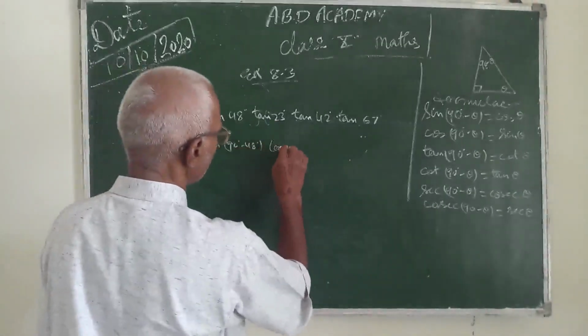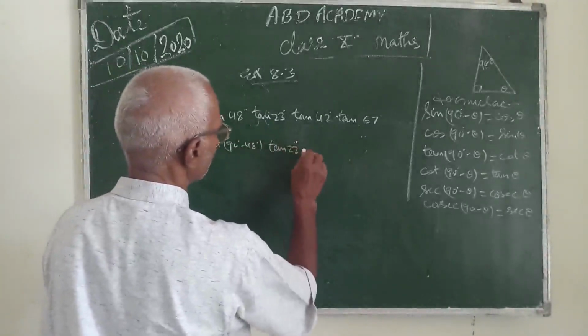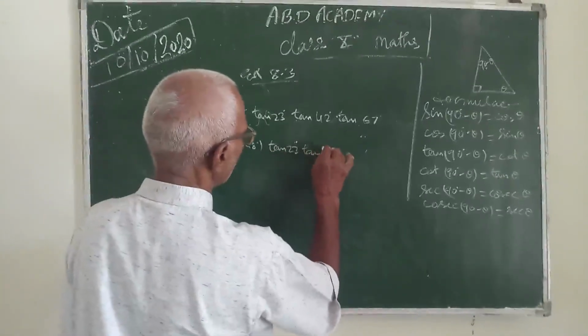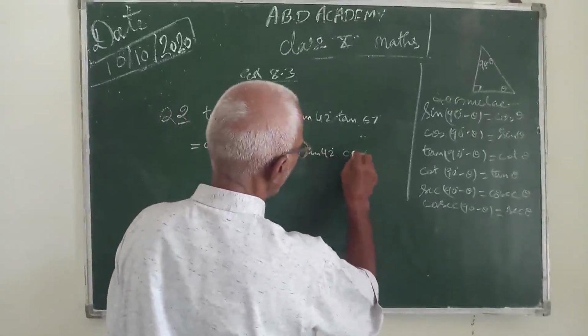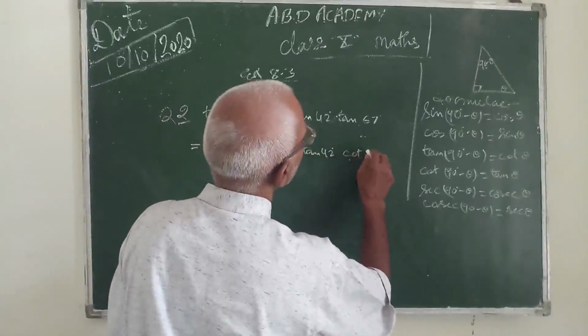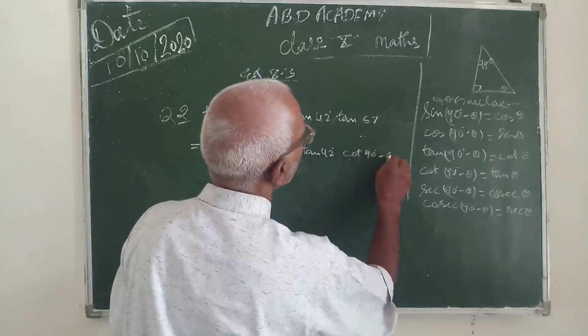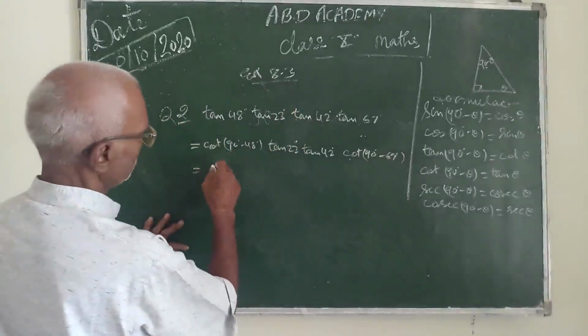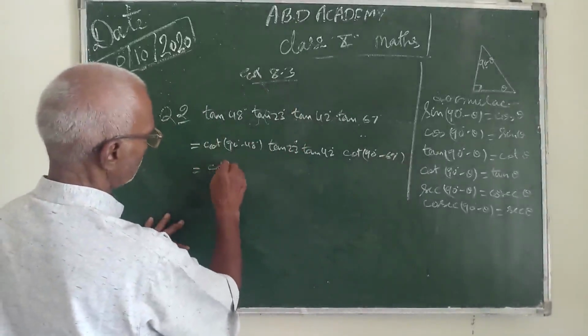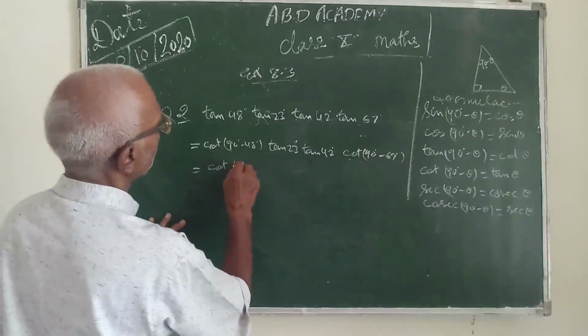Leave tan 23 as it is. Tan 42 also as it is. Tan 67 will be cot of 90 degree minus 67 degree. Subtract here, it comes cot 42 degree.